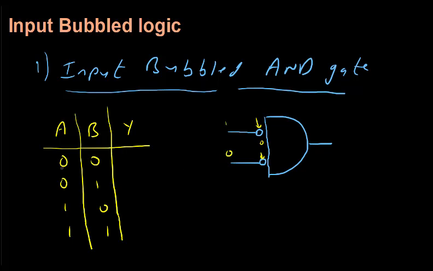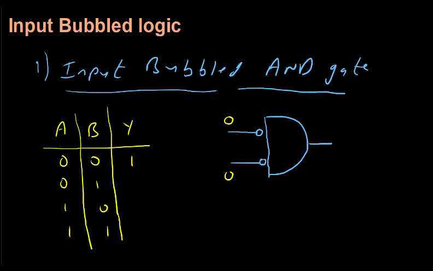So the first input 0 0 is actually 1 1. Let us see what happens. When input is 0 0, the actual input is 1 1, and for the AND gate with input 1 1, output becomes 1.